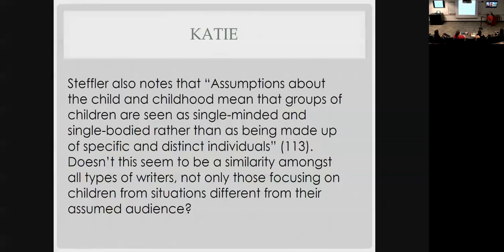And I don't think it is limited to this type of writing. I think in general that's something that writers do, and maybe that's for a purpose, right? The author has to write to an audience, but I think sometimes it's interesting to try to draw out what assumptions the author spoke to. Does that make sense at all?